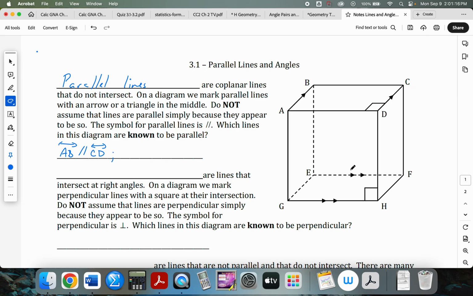Also, we see that these are marked with 2, and that's how we keep it from getting confusing. EF isn't parallel to AB, EF is parallel to GH. Line EF is parallel to line GH.